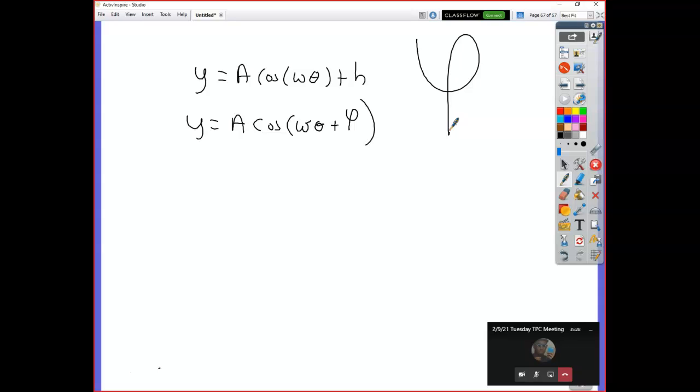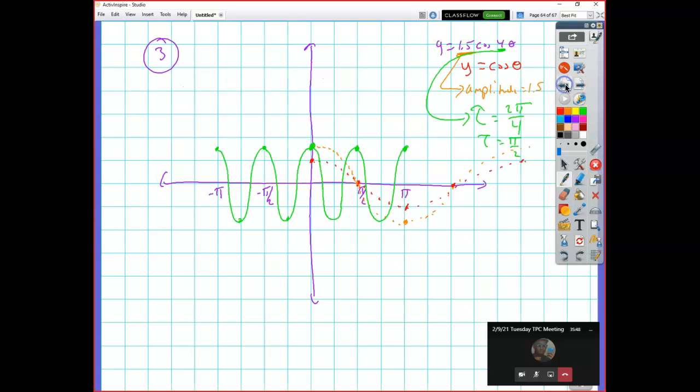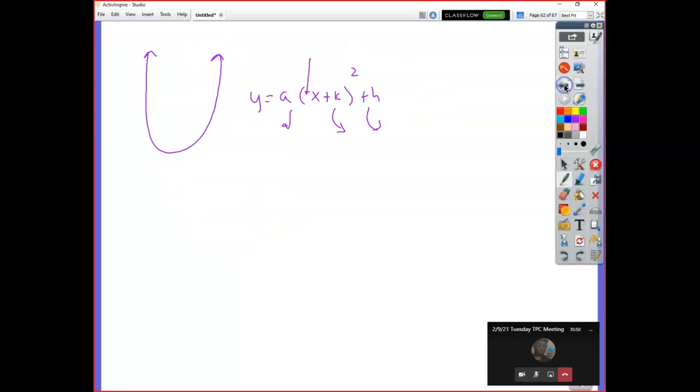Now, what is phi going to do to us, Miss Theo? You're going to get it wrong, but you're going to get it mostly right. Please give me the mostly right answer. It's inside the parentheses. What does K do?